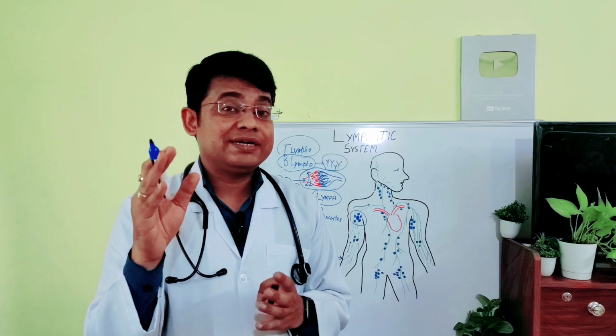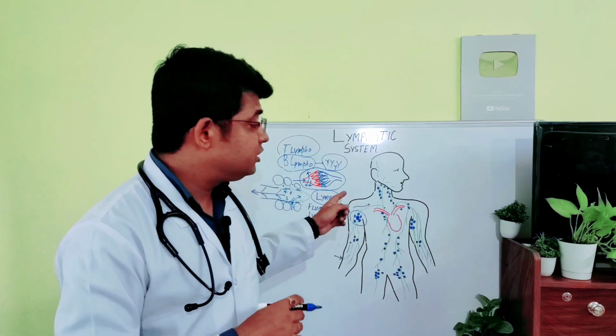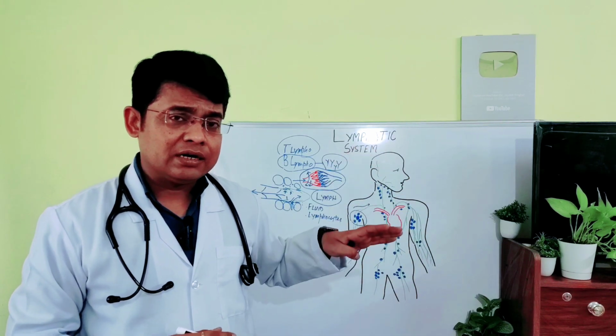Those are activated against a specific set of antigens present on the bacteria that has just entered the lymph node. Thereby they are the key components of our immune system.